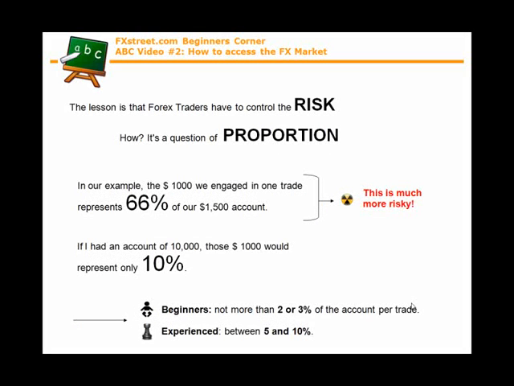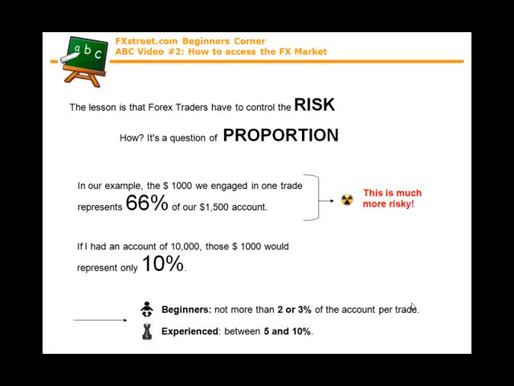Anyway, and to continue with this leverage issue, we need to talk a bit about the risk, right? The risk depends on the amount of money we decide to involve in each trade, right? And of course, related to the total capital of the account. In our example, the $1,000 traded represented 66% of the total account.